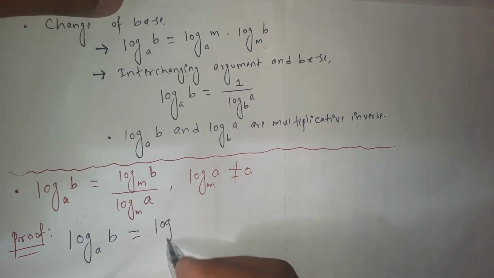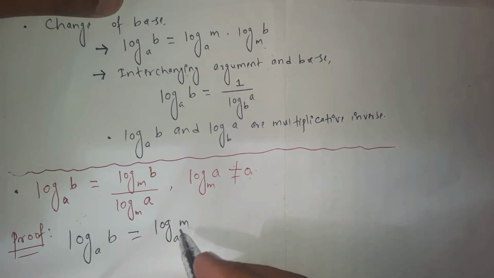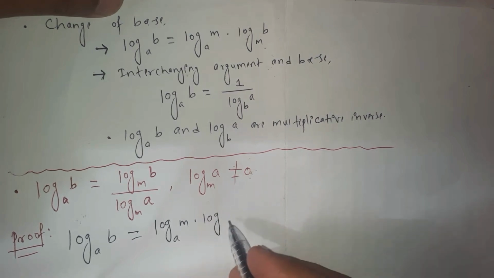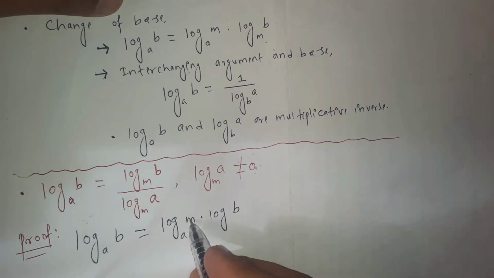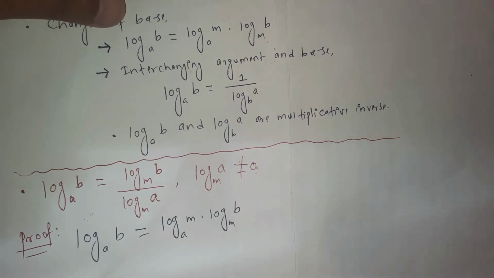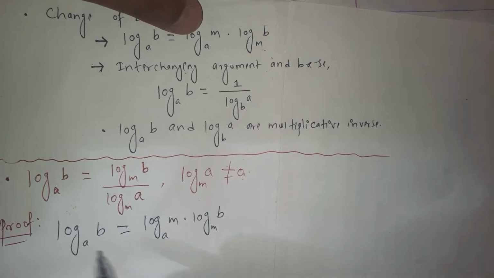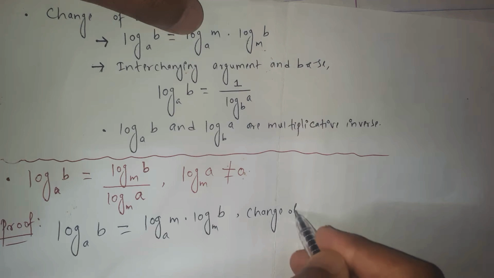We can write this as log of m with base a, times log of the argument b with base m. Here m is any number, a new number that we have taken. This is the change of base formula. This is just change of base.